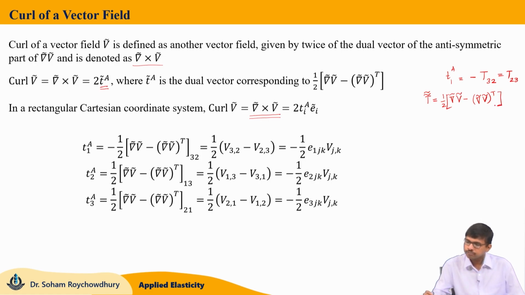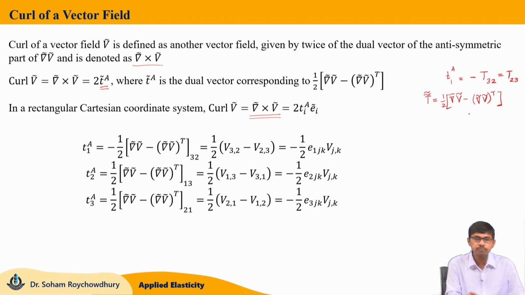So half of grad v minus transpose of grad v is T, and minus T_32 was defined as the first dual vector component T_1A by the definition of the dual vector. Similarly, the second dual vector component was defined as T_13, and the third one was defined as T_21.